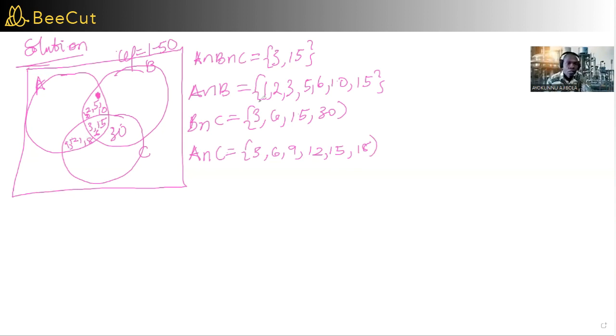So now that I have fixed that, I can go ahead and fix the remaining elements of A. A is meant to be 1 to 20. So what is remaining to make up A? I've seen 1, 2, 3, there's no 4. So 4. I've seen 5, 6, no 7, 8. Have I seen 9 here?